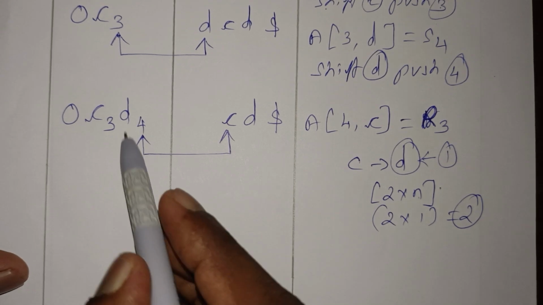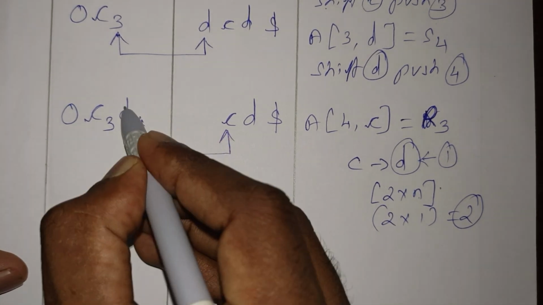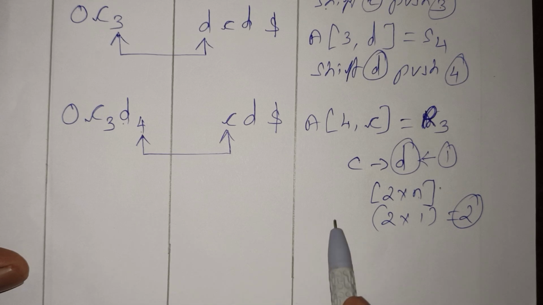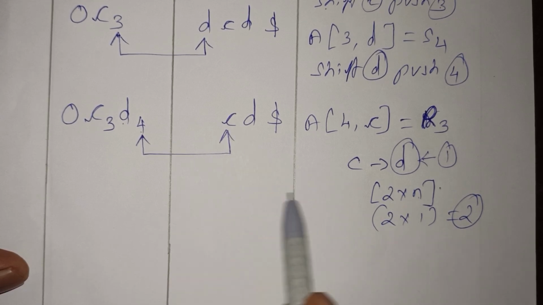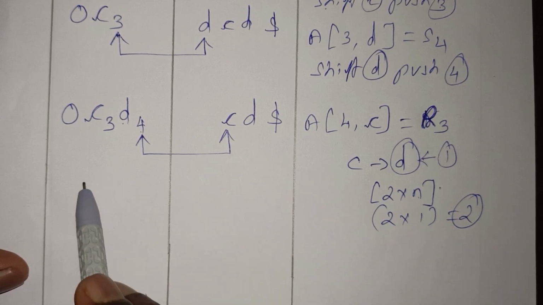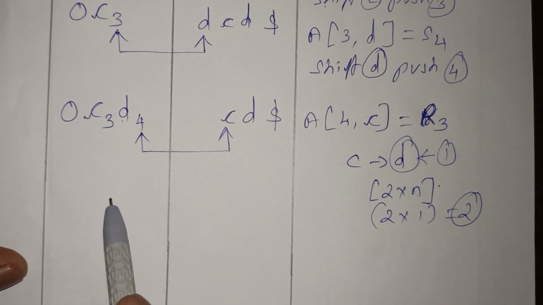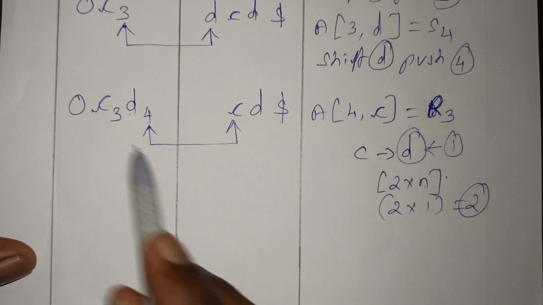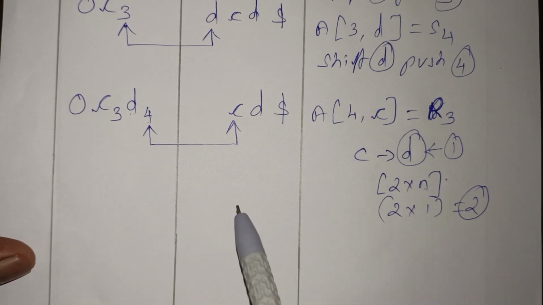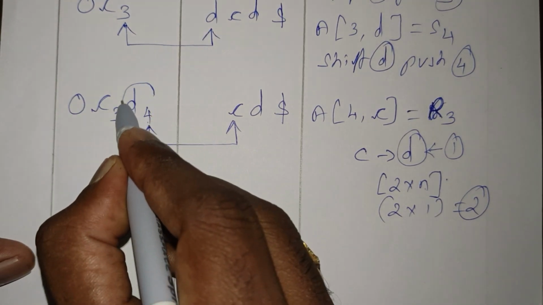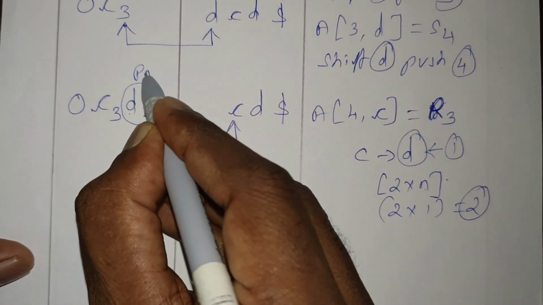What are those two elements? 4 and d. We have still not completed this process unless we shift something from the input string to here. We should not stop anything over here, so we are just reducing it. This particular step completes only after shifting. So we need to pop d and 4, pop, pop.